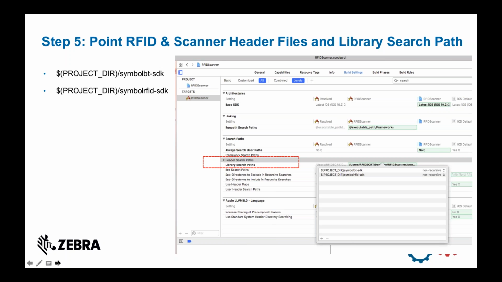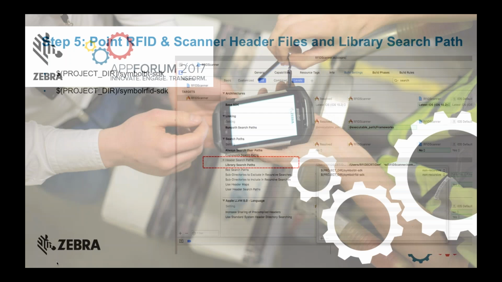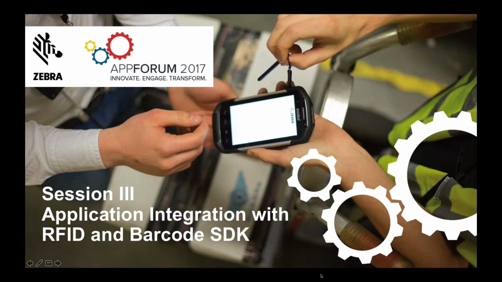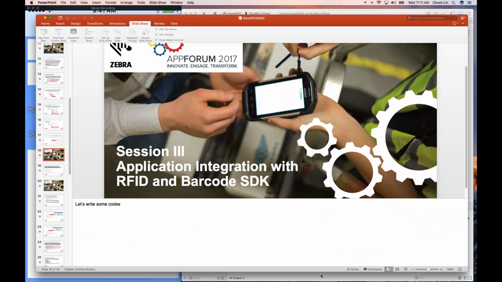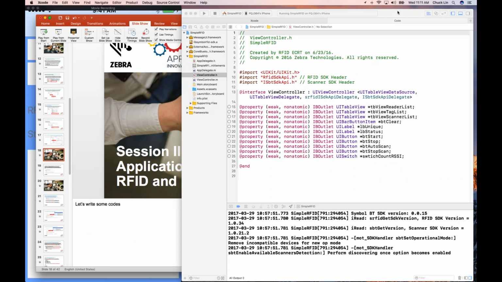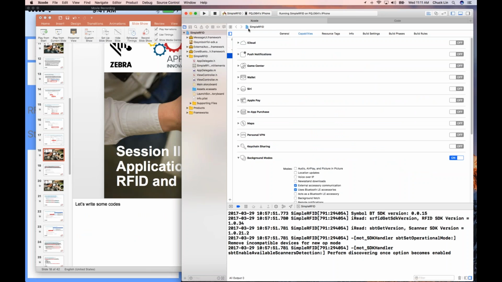Okay, so we have talked a lot, and now that's our open Xcode project, and I will show you the important file setup in an Xcode project. So this one is an Xcode project, and we have all the settings here. First, in your project capability window, you need to make sure background mode is turned on and supports Bluetooth.